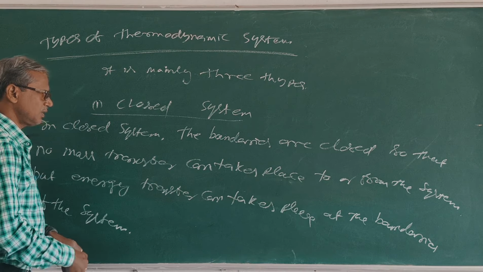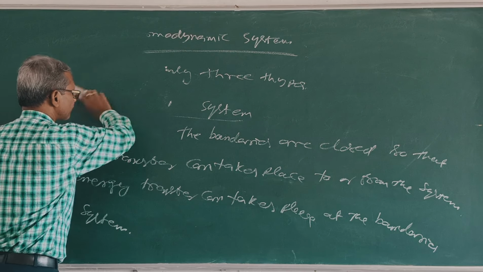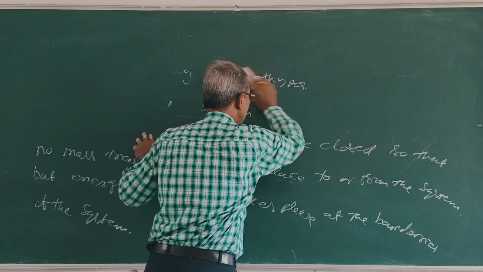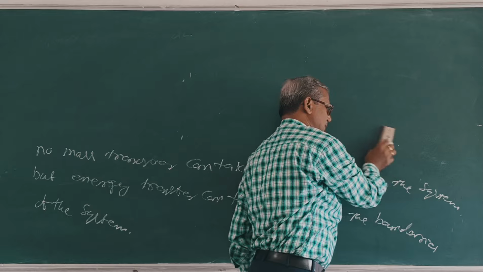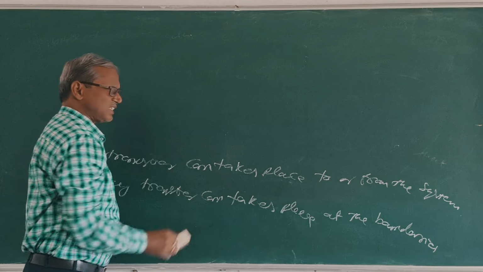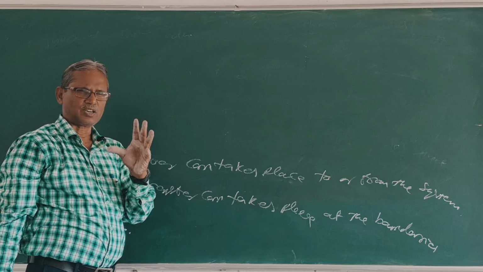Clear? No mass transfer, but energy transfer can take place. Clear? And the process is called a non-flow process. The process occurring in this closed system is called a non-flow process.